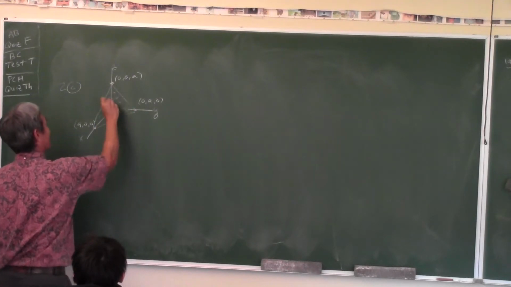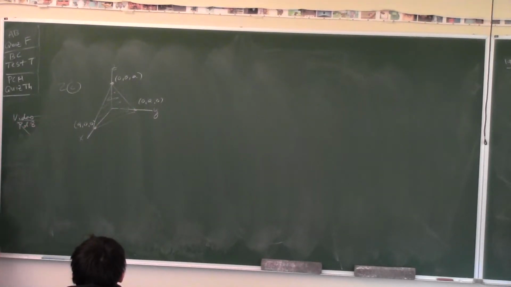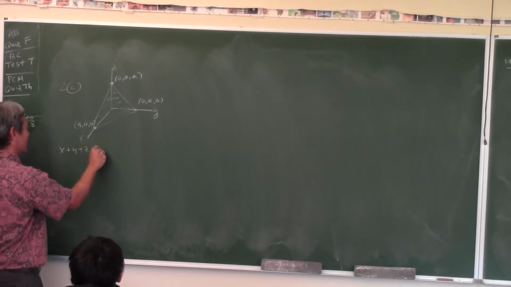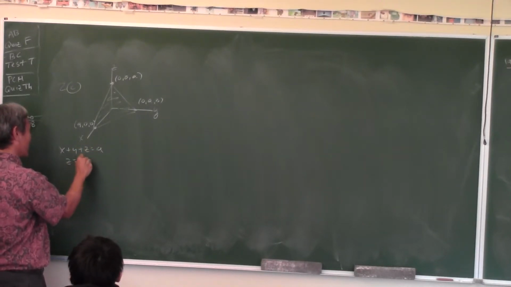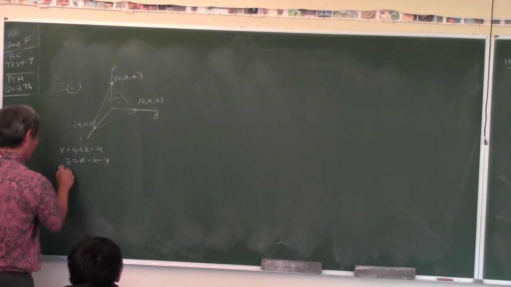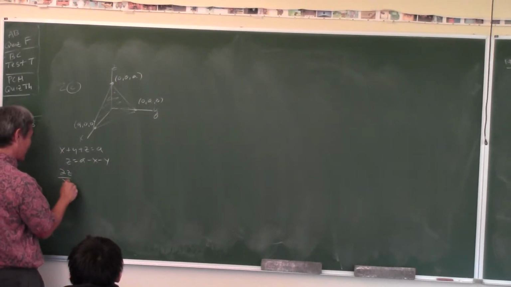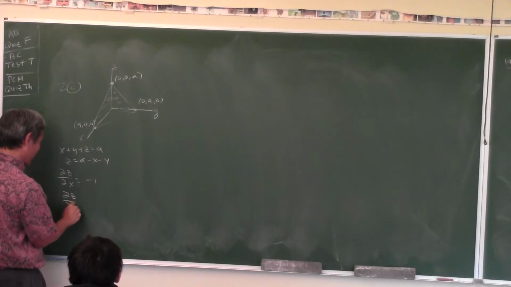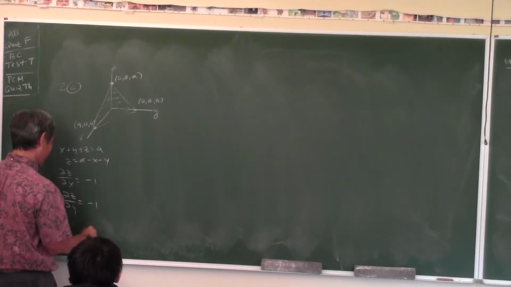Okay, so we have this plane right there. What is the equation of this plane, just by looking at it? x plus y plus z equals a. That is correct. So if you solve for z, you get a minus x minus y. What is the partial of z with respect to x? Negative 1. What's the partial of z with respect to y? Negative 1.